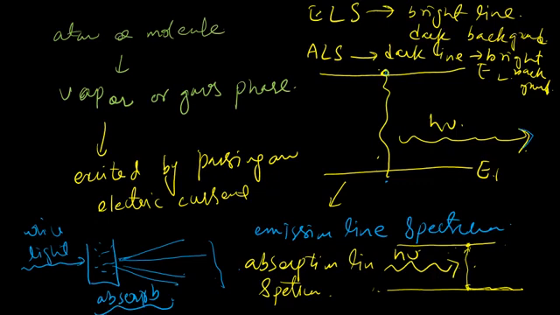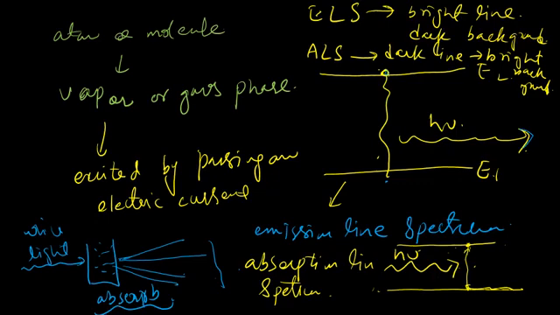These lines are due to gases around the sun, which absorb some of the radiation emitted by the sun. As a result, we have dark lines in the spectrum of the sun corresponding to the wavelengths or frequencies absorbed by these gases around the sun.